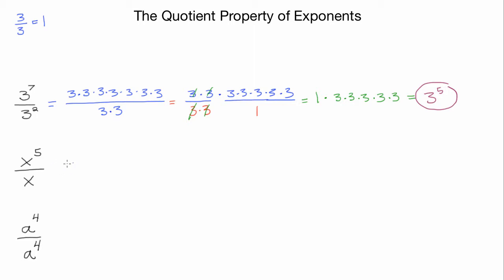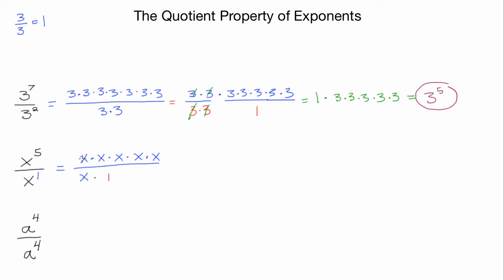All right, let's do that again with the x's here now. So I've got x to the 5th, so there's 5 x's on top, x times x times x times x times x, and I'm dividing that by just 1 x on the bottom. Anything times 1 is itself, so I'm not really adding anything there.